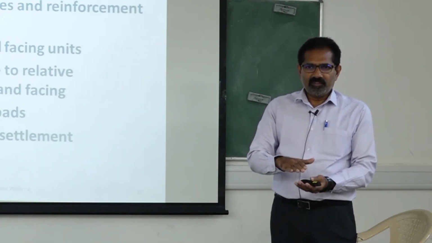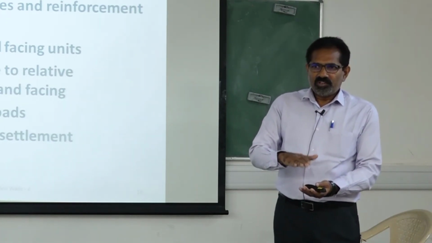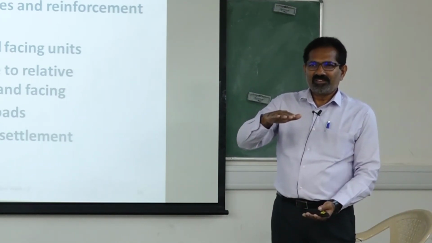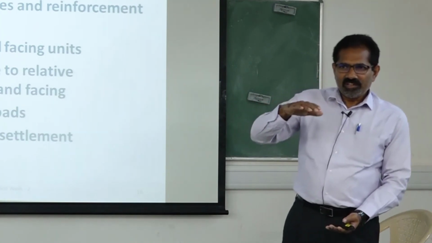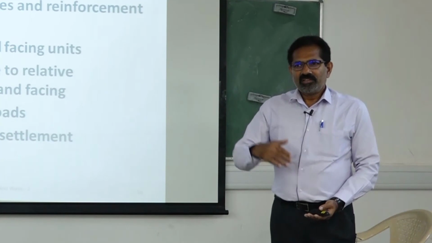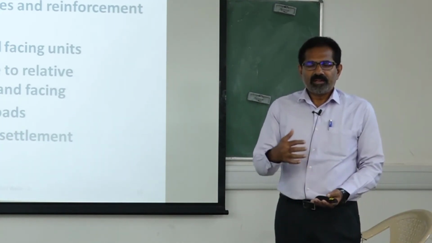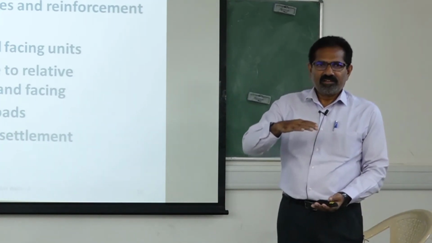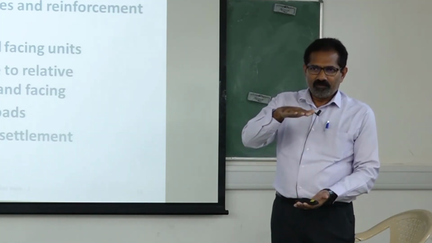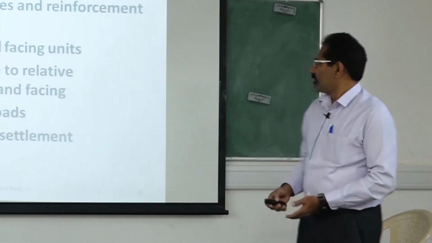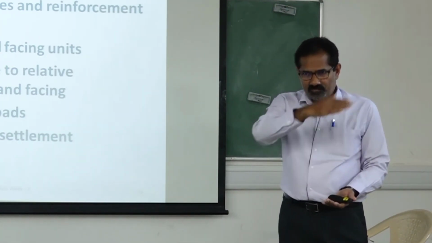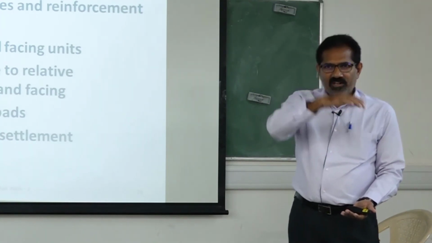Ideally, we should compact in 200 or 250 mm layers. But sometimes you put 1 meter of soil and then run the roller. In that case, only the top 0.2 meters gets compacted, and below that it is loose. Then over a period of time, especially if it gets saturated, there is a collapse settlement. At that time, there is relative movement between the facing and fill. When the fill settles, your geogrid is pushed down, and it applies a vertical load on the facing.